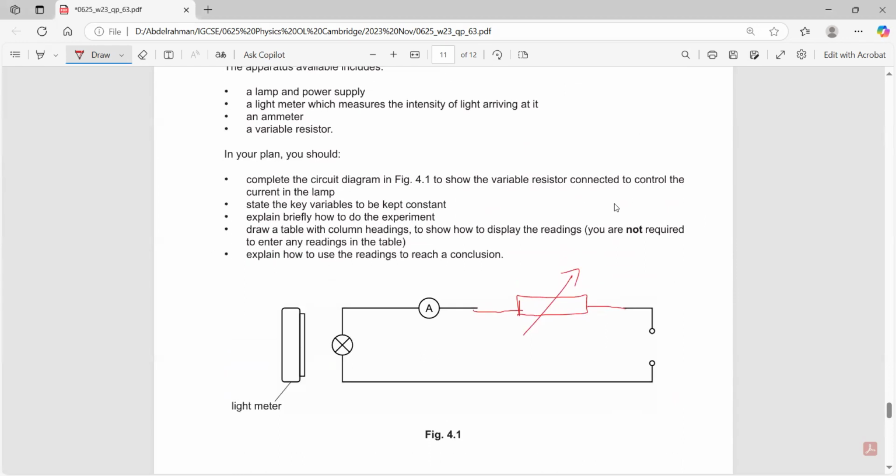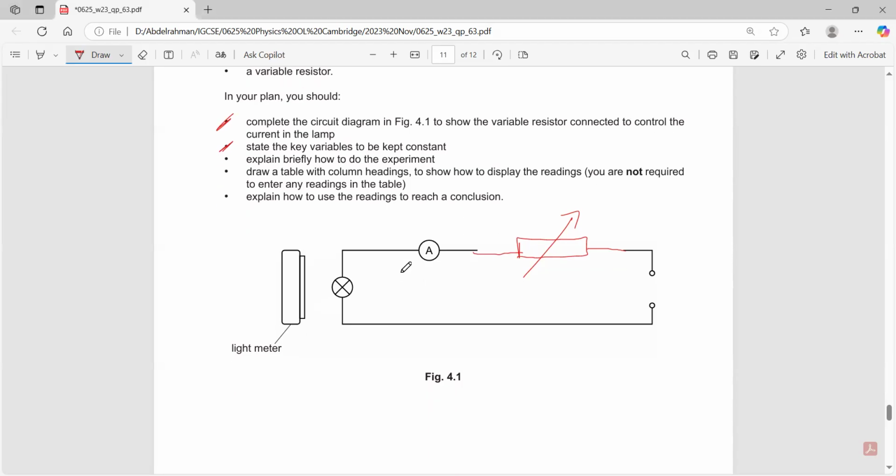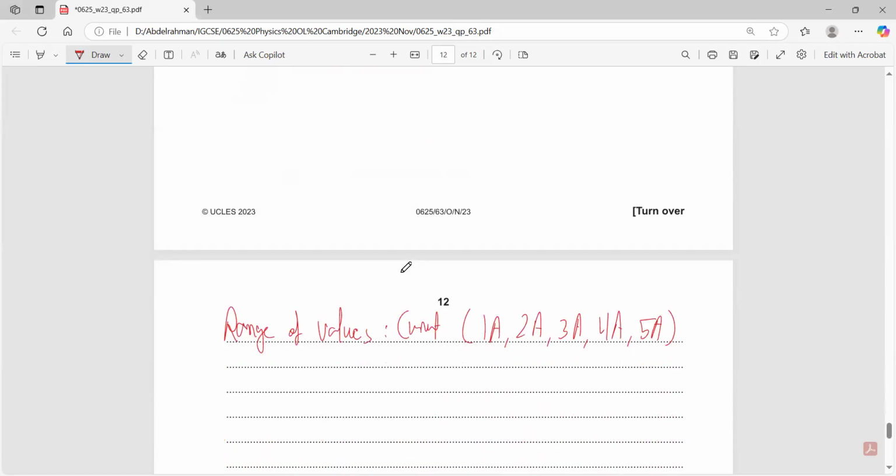What are the key variables in this question? If you think about it, we don't have that many key variables. But one of the most important would be the distance between the lamp and this light meter. The distance between the lamp and the light meter has to be constant.